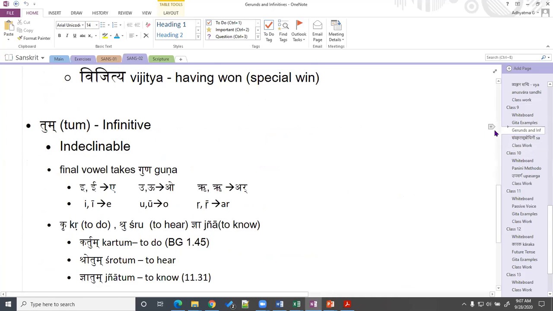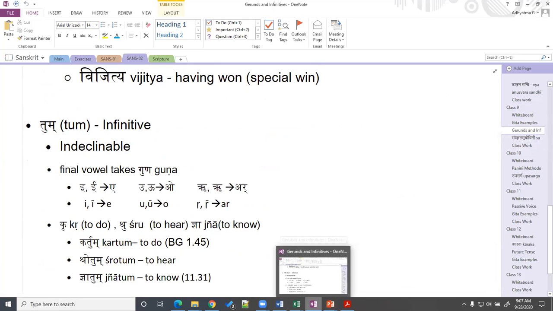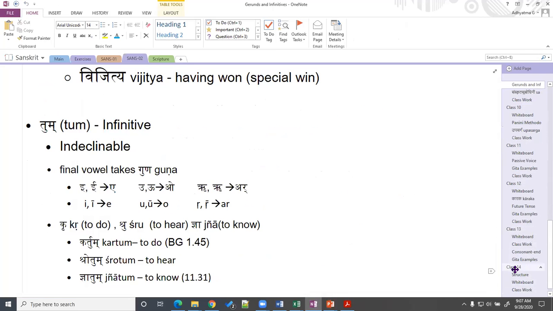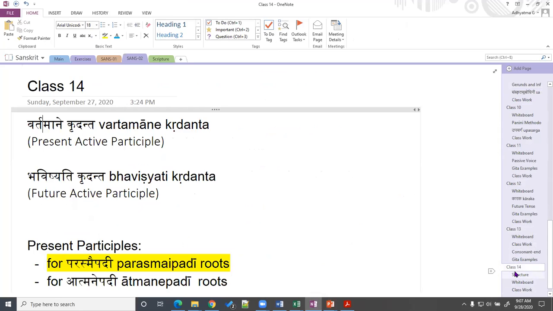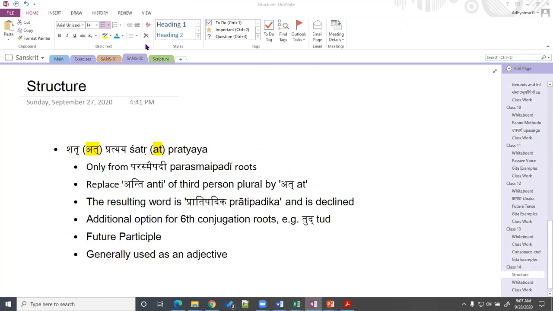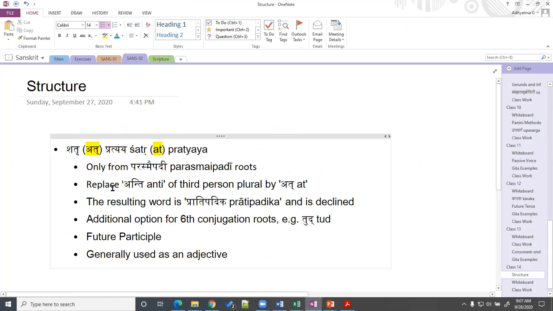That was the participle there, but tumun, only tum remains. In dictionary, if you find, you will be actually seeing the whole word, not just the at. So in dictionary when you see, it will be shatru, not at. So just from that perspective, please be aware. This suffix is only from Parasmaipadi roots.